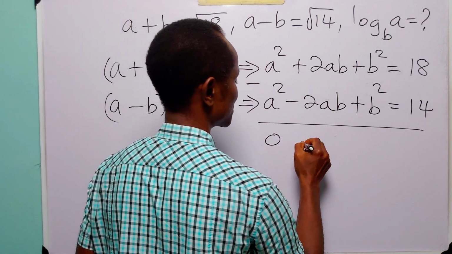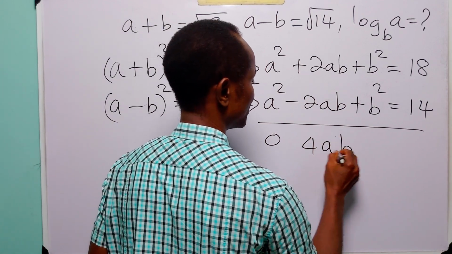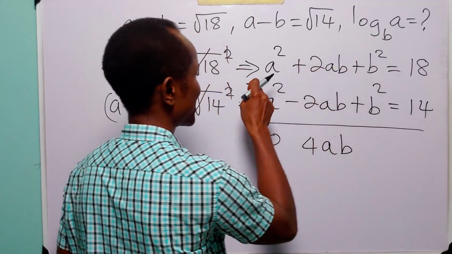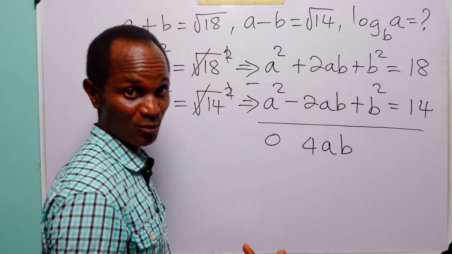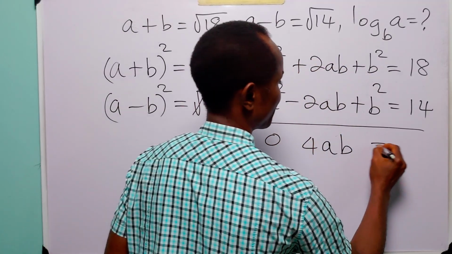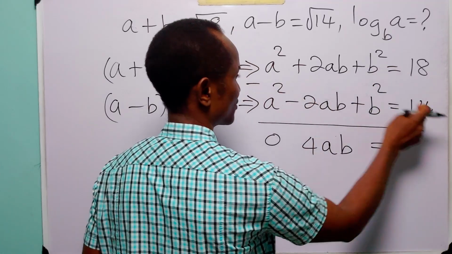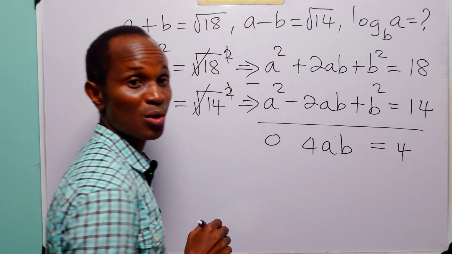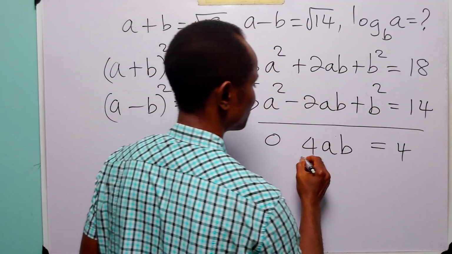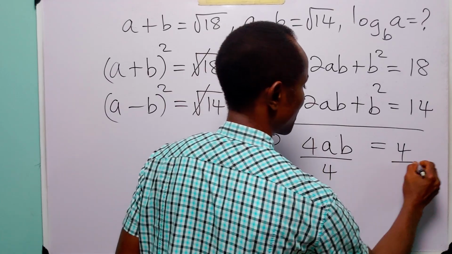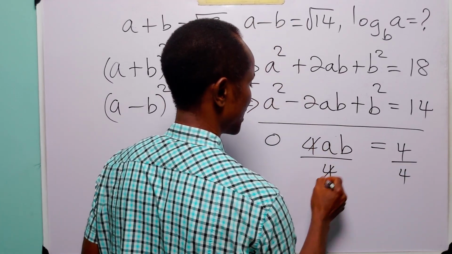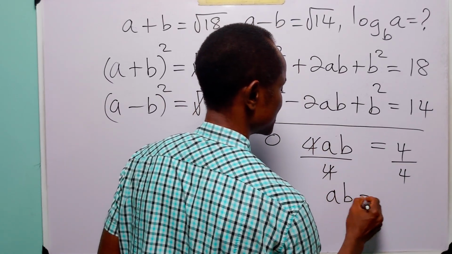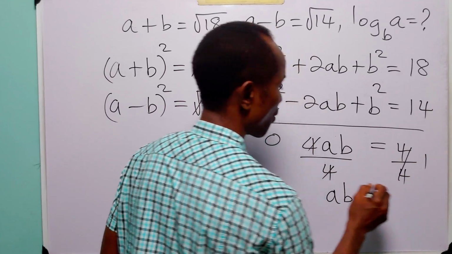That is going to give us 4ab. And b squared minus b squared is equal to 0. 18 minus 14 is equal to 4. Now we divide both sides of this equation by 4. And we have that ab is equal to 1.